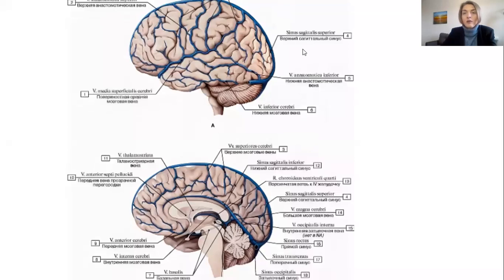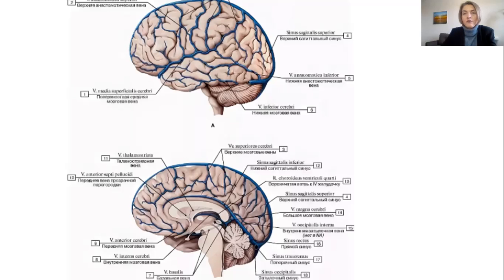They receive blood from the cerebral veins and they receive cerebrospinal fluid from the subarachnoid space via arachnoid granulation. Dural venous sinuses mainly empty into the internal jugular vein. The jugular veins return blood to the heart.